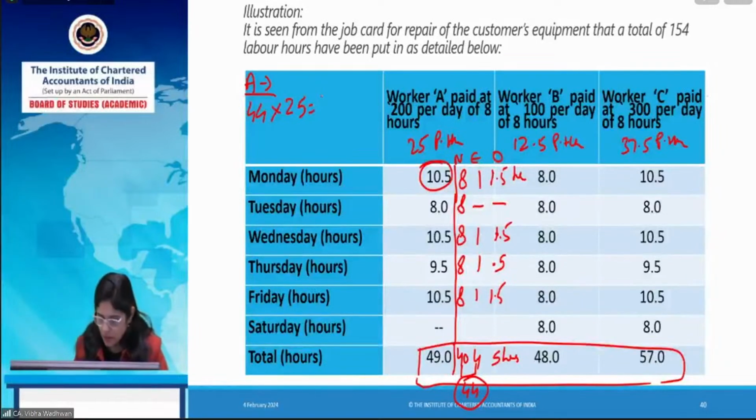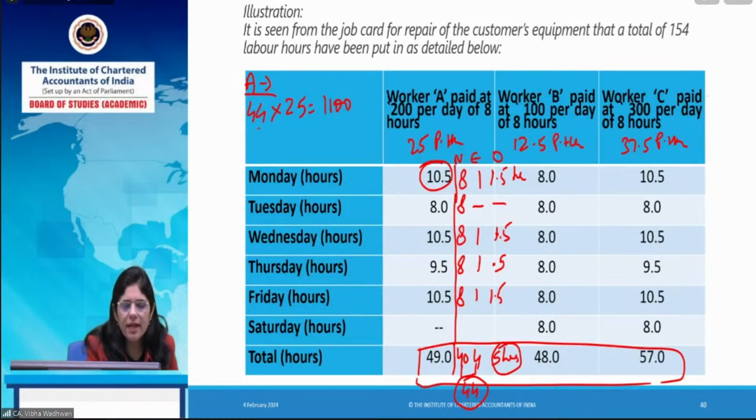Clear? 44 into 25 for the normal wage rate hours is 1100. Overtime hours is 5 and the rate is double the ordinary wage rate. Normal wage rate is 25, overtime is paid at double, so that becomes 50. It will become 250.